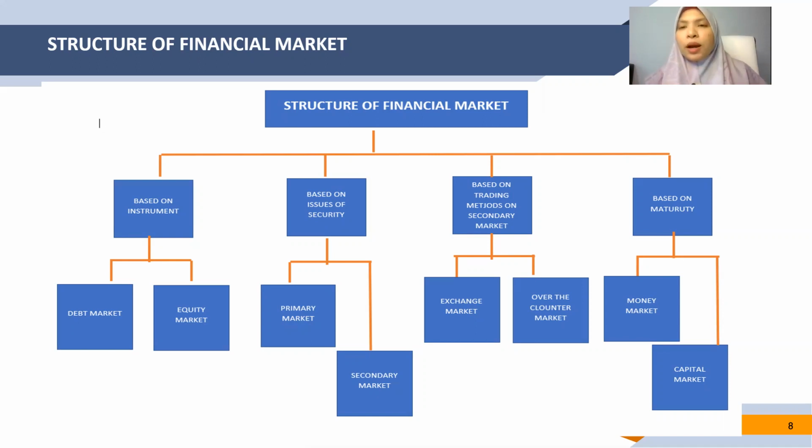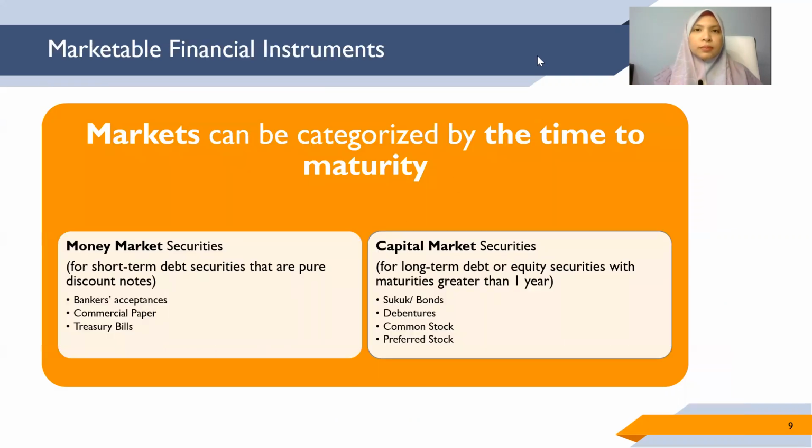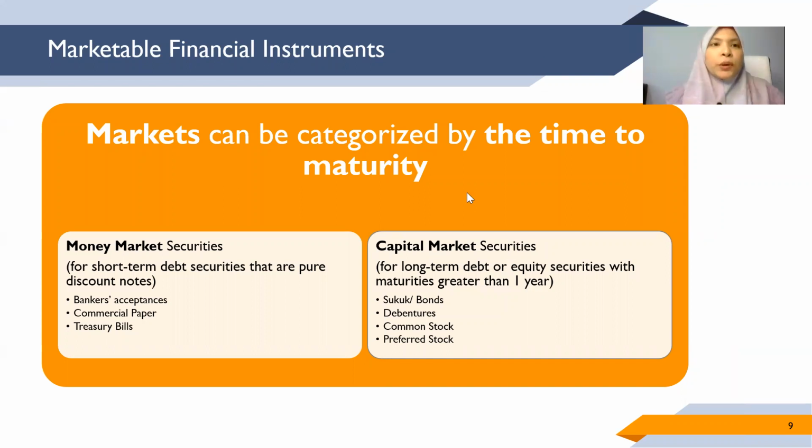And the last one, the financial market can be identified based on maturity. It will be divided into two, which is the money market and also the capital market. Marketable financial instruments, this one has been mentioned earlier.